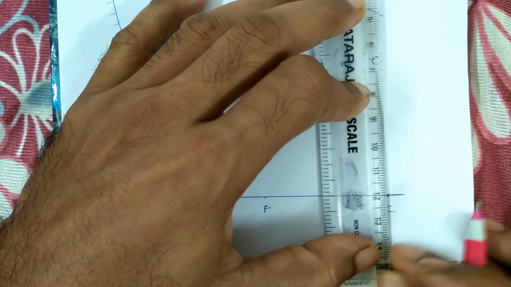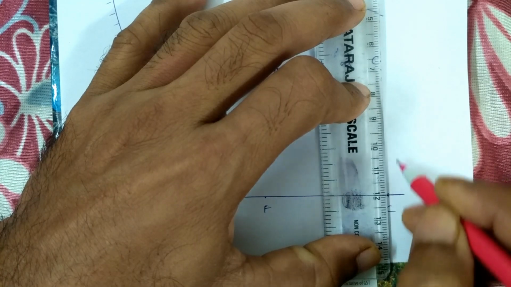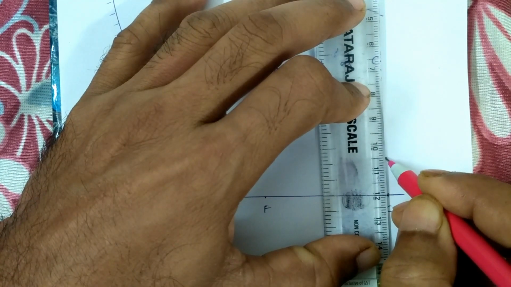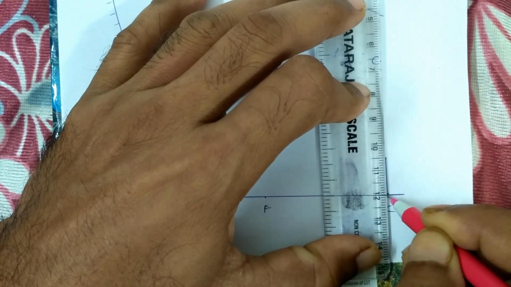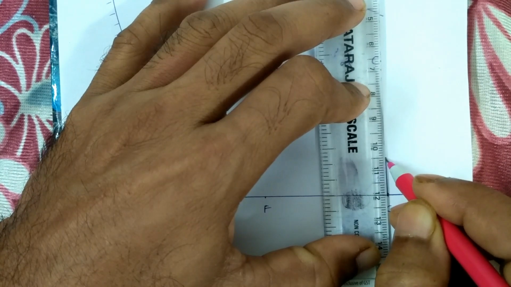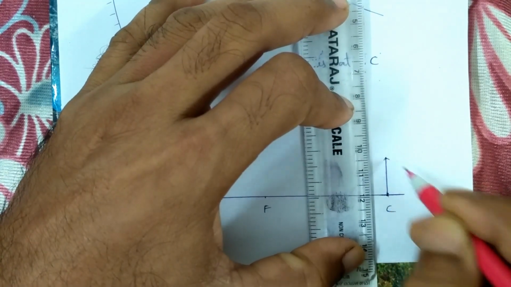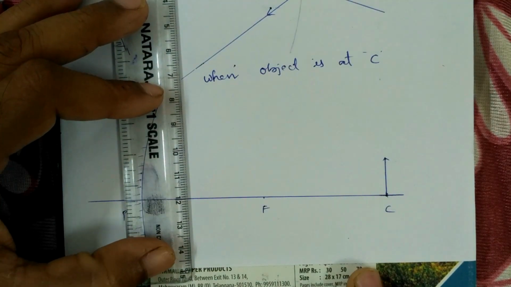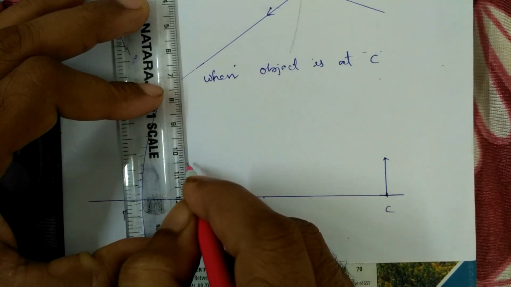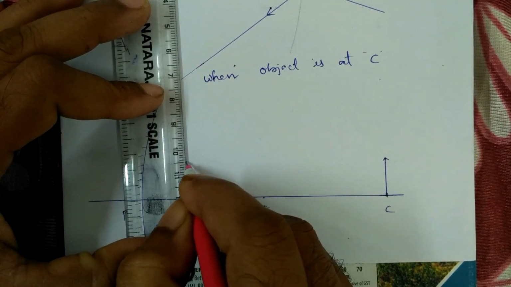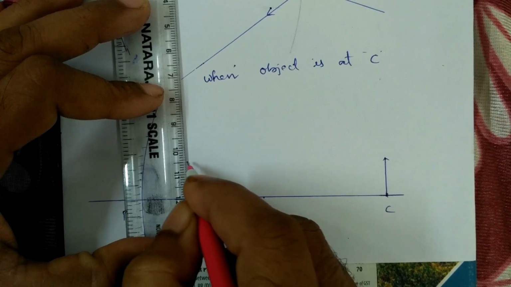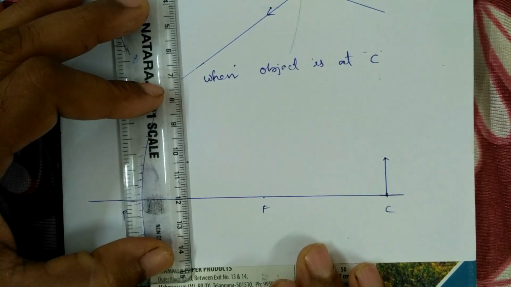I am keeping a 1.5 centimeter line at C, so that it works as the object for us now. With 1.5 centimeters, I am keeping a point here in order to draw a parallel line. Otherwise, I cannot draw an exact parallel line.